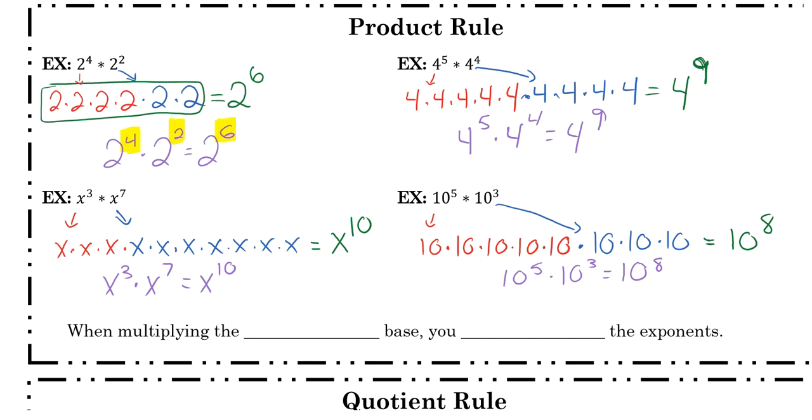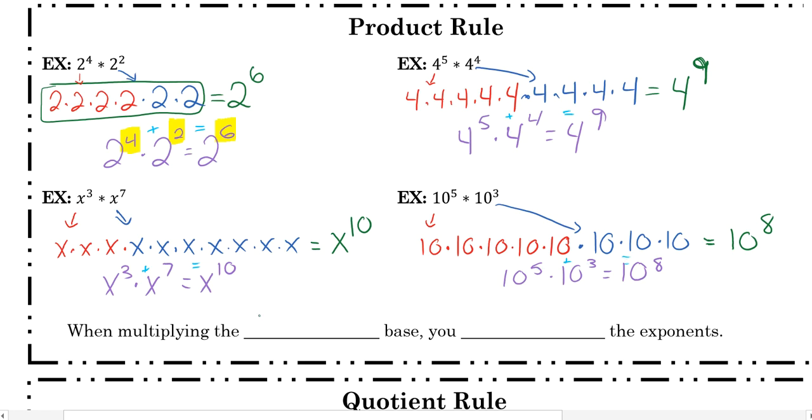Well, hopefully, if you haven't already figured it out, you're able to see that if I add those exponents, it will give me the value of that final exponent. So in my second example, 4 to the 5th times 4 to the 4th, 5 plus 4 is equal to 9. Third example, 3 plus 7 is equal to 10. 5 plus 3 is equal to 8.